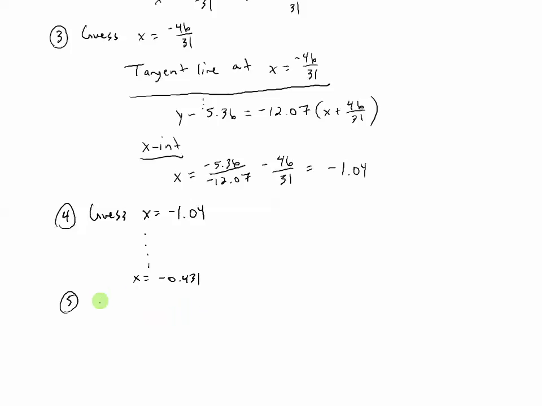And so we might say, okay, we're going to guess that x equals negative 0.431 as our x-intercept. And if you plug that into the function, you might get something close to 0 to illustrate that this is close to the x-intercept. And this process could continue as long as you want to do it.